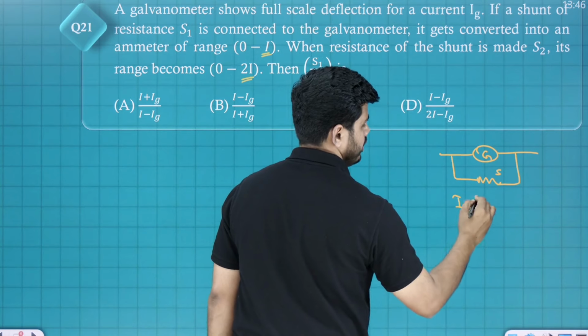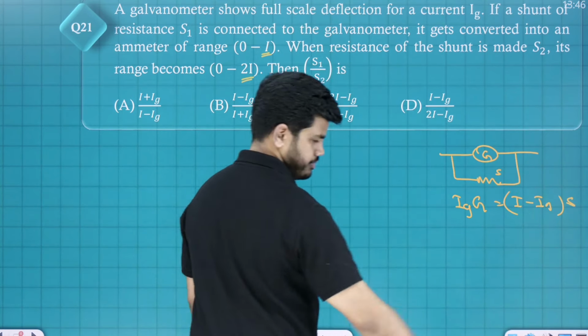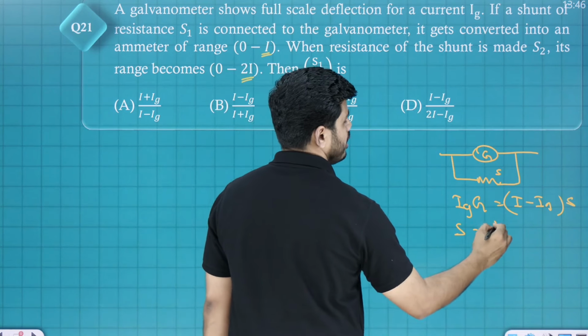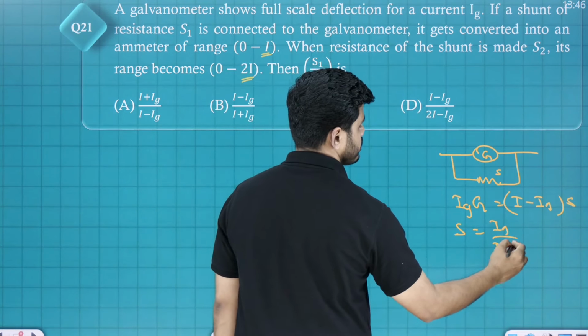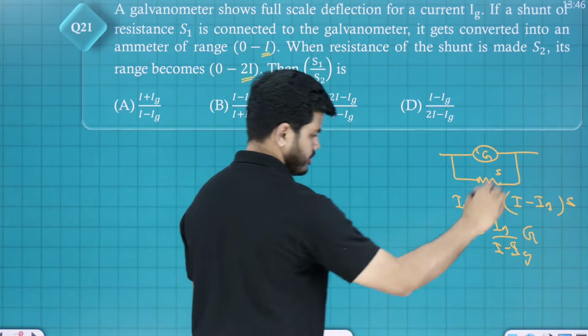So Ig into G is equal to I minus Ig into S. So what is the shunt resistance? S is Ig by I minus Ig, into G. G is the galvanometer resistance.